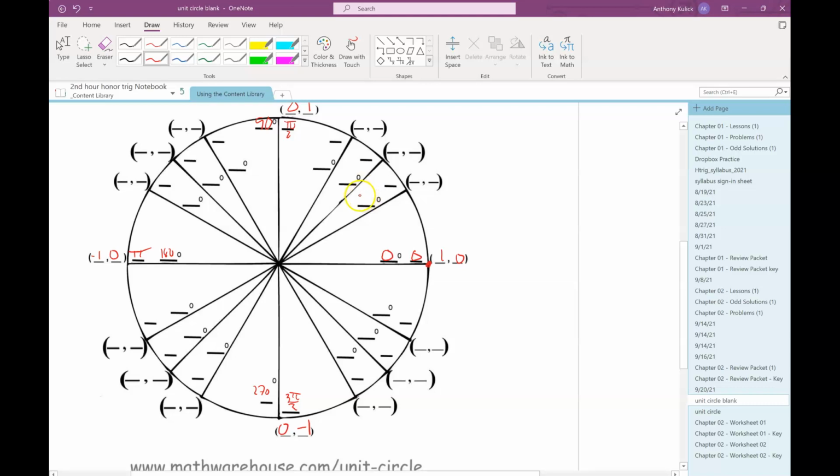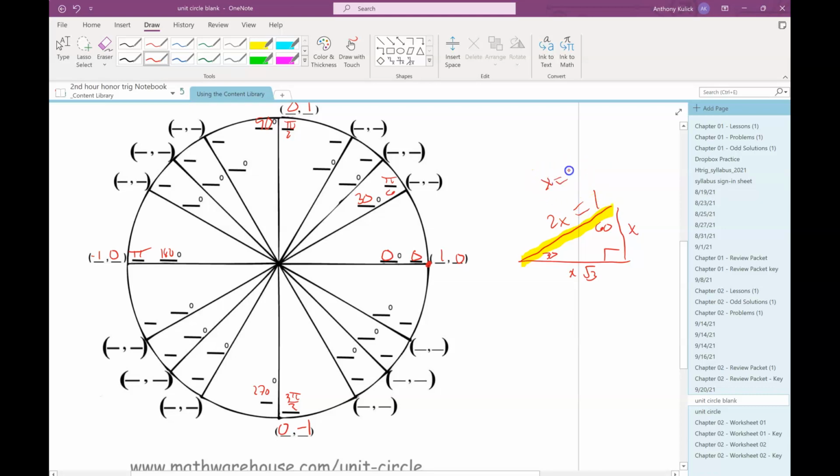Okay, so 30 degrees is the same as pi over 6. If we draw our 30, 60, 90 triangle, we know the hypotenuse of the triangle is the same as the radius, right? So that has to equal 1.